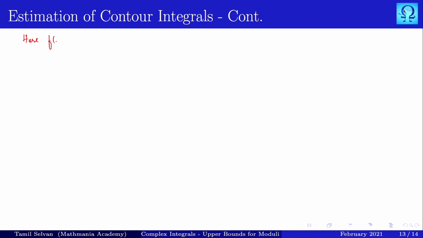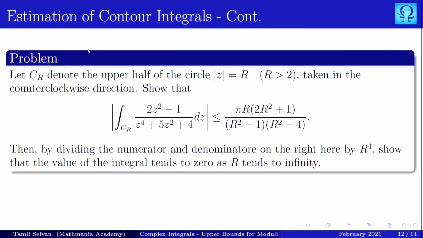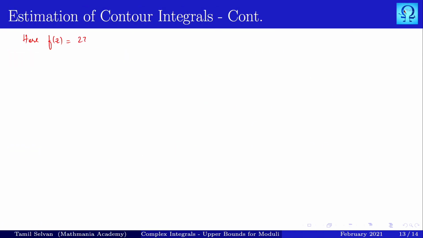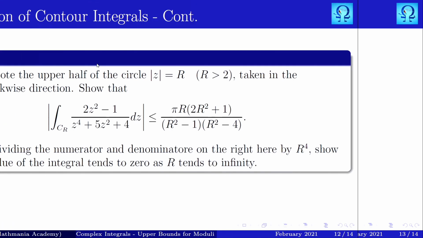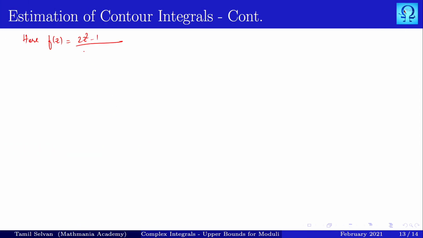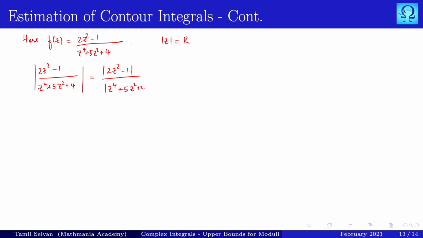Right? So here the function given, f of z, is 2z squared minus 1 upon z to the power 4 plus 5z squared plus 4. And this is the circle that we have considered. Now let us consider this quantity, that is, we are trying to evaluate the value of M. So this is absolute of 2z squared minus 1 upon absolute of z to the power 4 plus 5z squared plus 4.